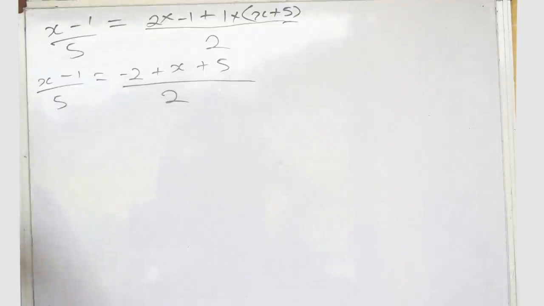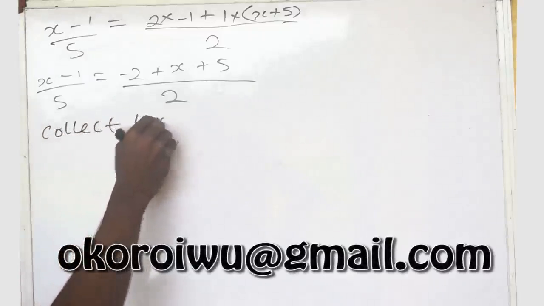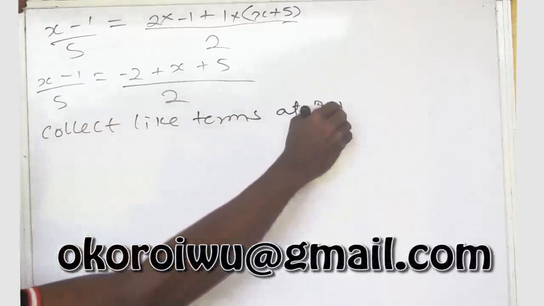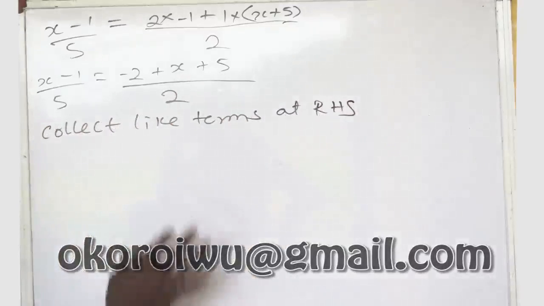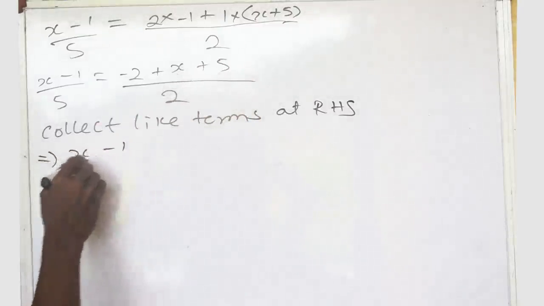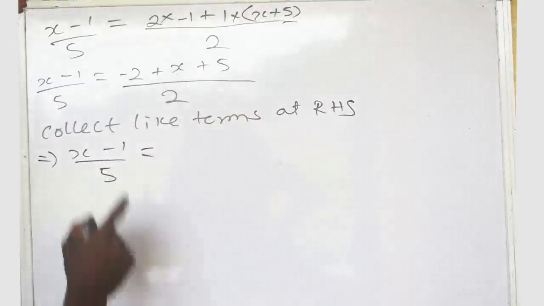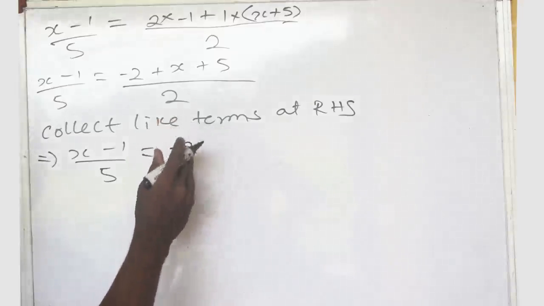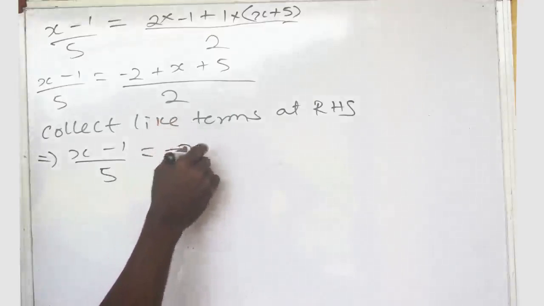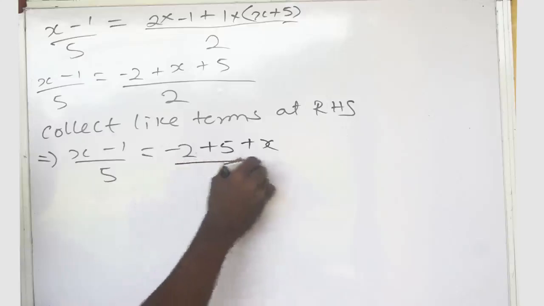Now we have this, we have to collect like terms. Collect like terms at the left hand side, at the right hand side, the numerator of the right hand side. So it implies that x minus 1 all over 5 will be equal to, we have minus 2, okay, we have x, let's say we have minus 2 plus 5, then plus this x all over 2.